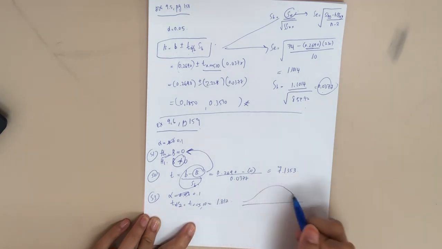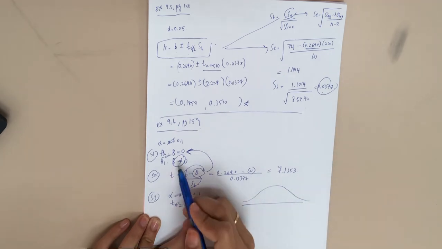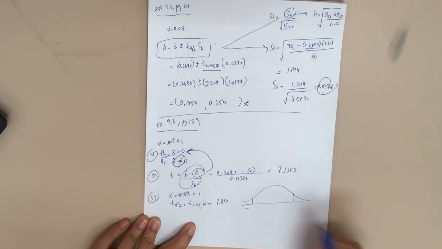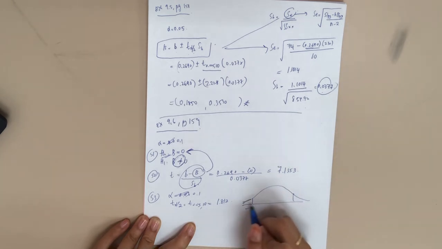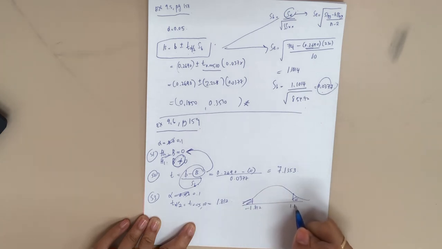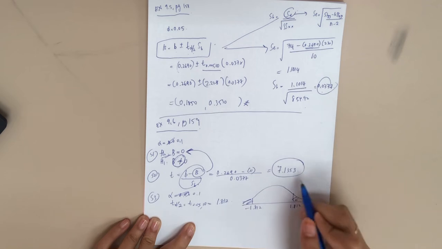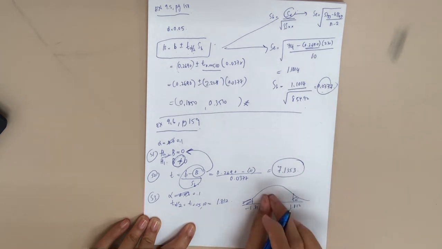Then we sketch a graph. Since this is two-sided, there are two tails, so there must be two sides of the rejection region. This one is negative 1.812, and this is positive 1.812. Then you check whether your T lies in the rejection region or the non-rejection region.